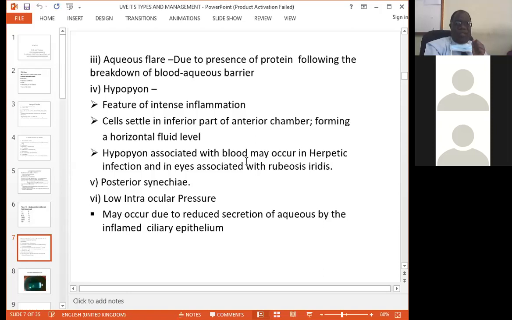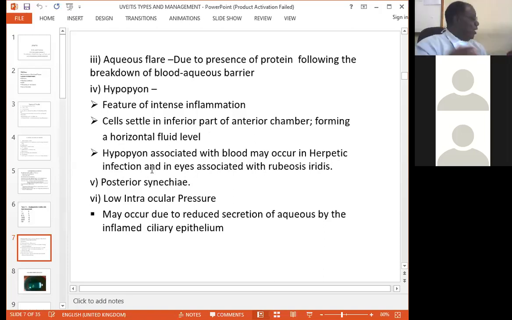Hypopyon associated with blood may occur in hepatic infection and in eyes associated. But this fluid level, due to inflammation, is white. If there is blood, it is maybe traumatic. So you can have what looks like a hypopyon fluid level, but it's all blood. That is traumatic.